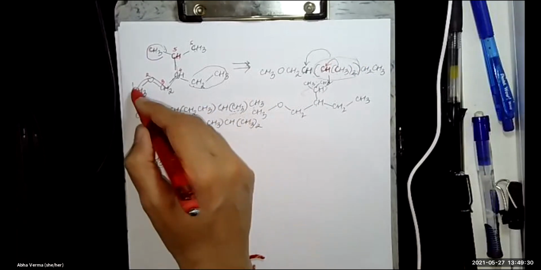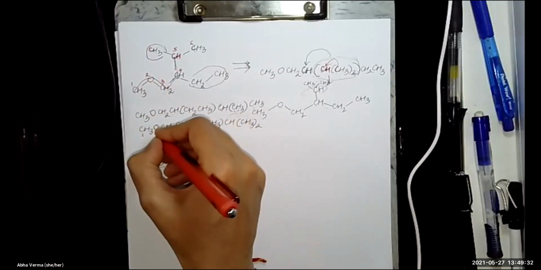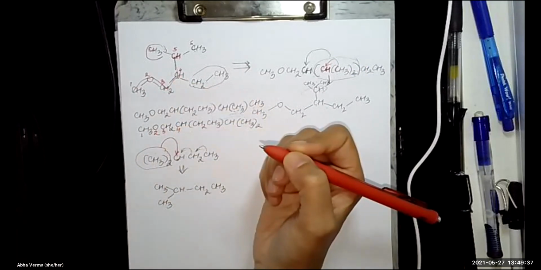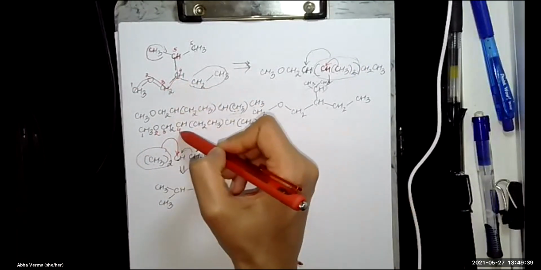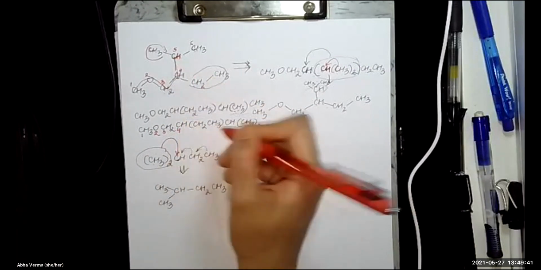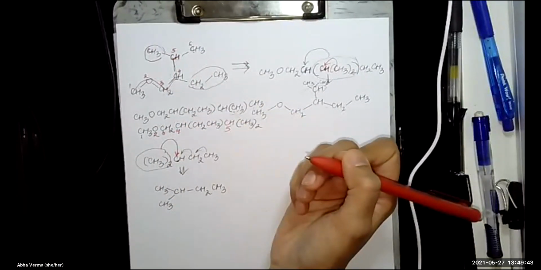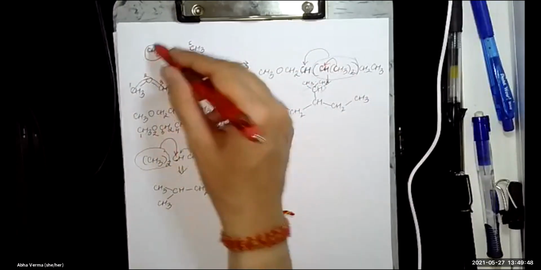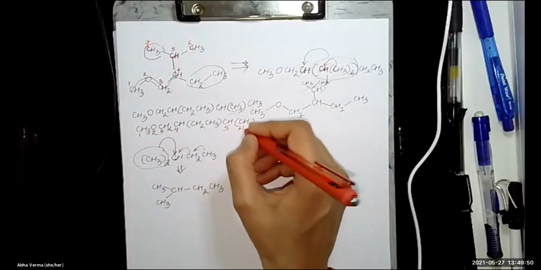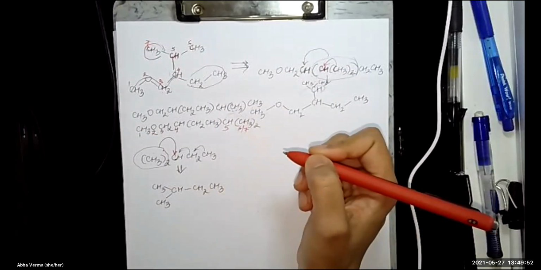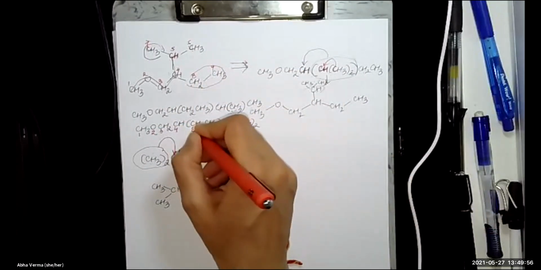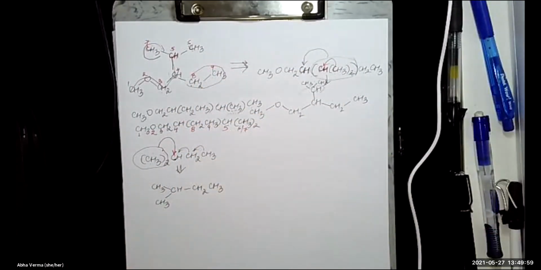But if you label it, you will be able to count it. This is 1, this is 2, this is 3, this is 4, the same carbon. This is my 5. This is my 6, and probably the 7th, both of them in the same group. This is my 8, this is my 9. So I'm just labeling it so that you also keep a count.